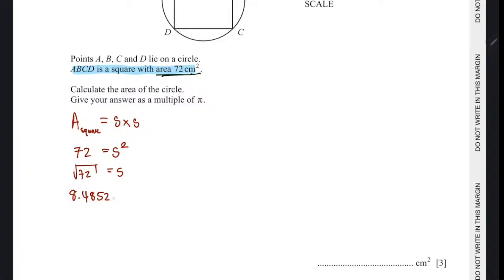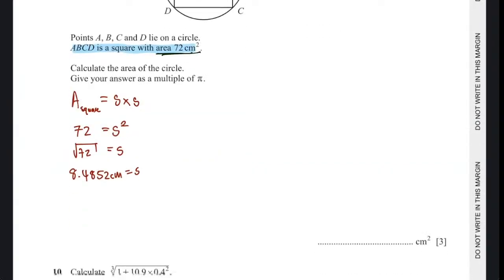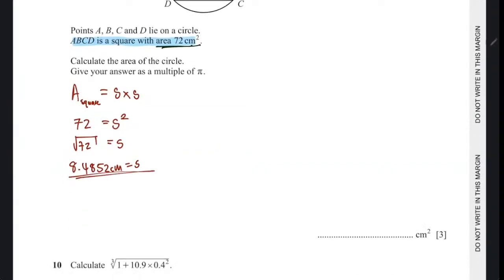We can leave it like this, centimeters. So this is each of these. So you now know that each of your sides here are 8.48, right?